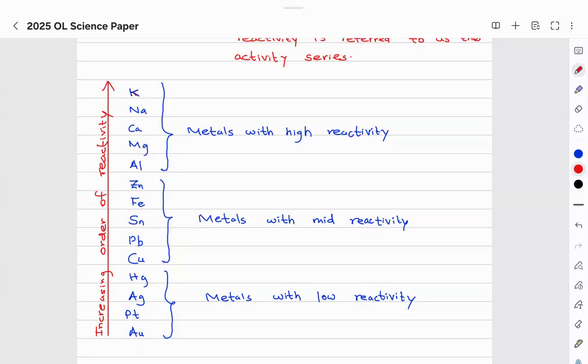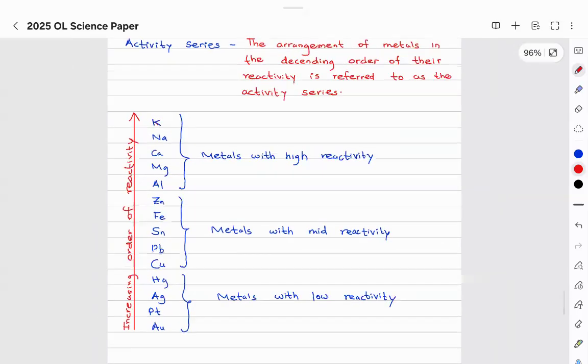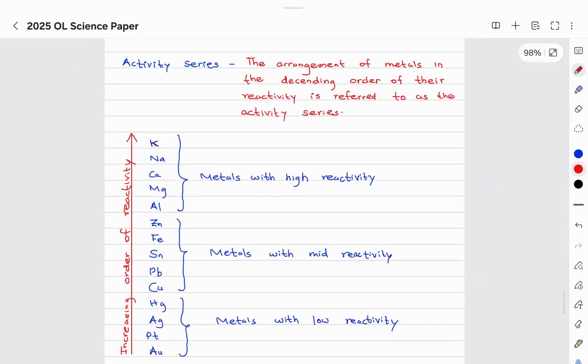Right? Recall what you learned in grade 10, the lesson Changes in Matter. Can you remember it? We learned this in grade 10. Activity series: potassium, sodium, calcium, magnesium, aluminium are the metals with high reactivity.